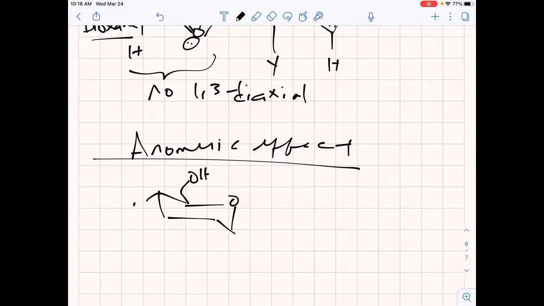and I'm just gonna draw this out. So this is equatorial. This is also equatorial. This orange is equatorial. And then the OH here, let me change the color on that.